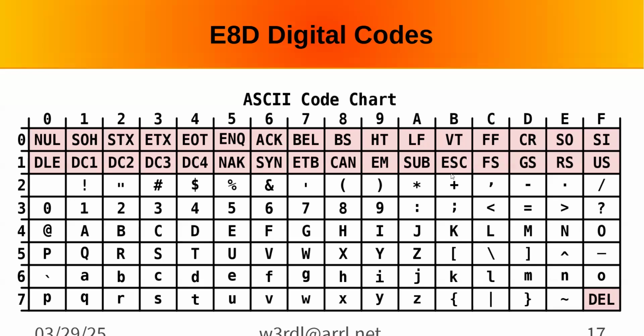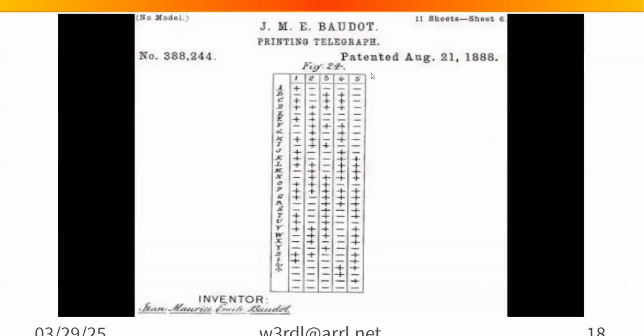We've all seen the ASCII code chart, with a lot of the special characters up there. This is the original patented Baudot, with pluses and minuses instead of ones and zeros.